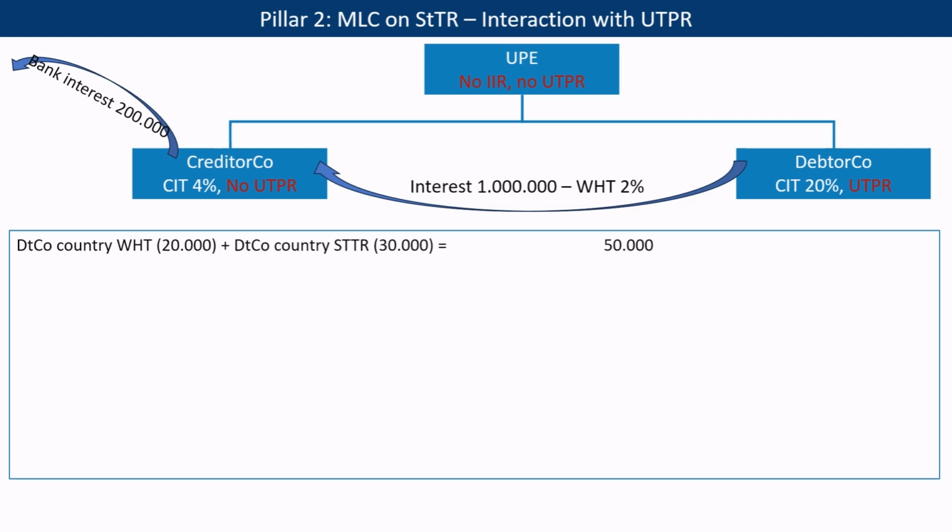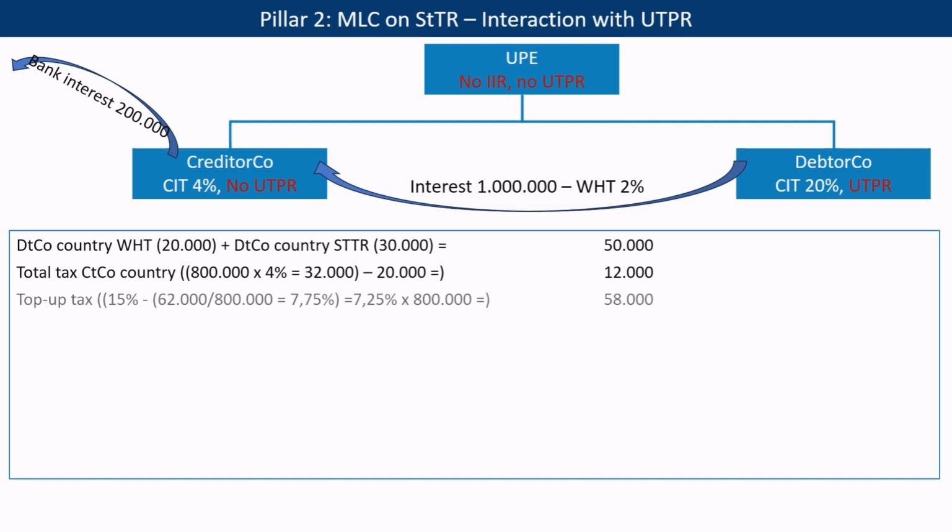So debtor-co country has withholding tax of 20 and STTR of 30, so there's 50,000 due. Total tax in creditor-co country is 12,000. The top-up tax, as we calculated before, comes down to 58,000, which should be collected in the UPE country, but the UPE country does not have an income inclusion rule and it has no UTPR.